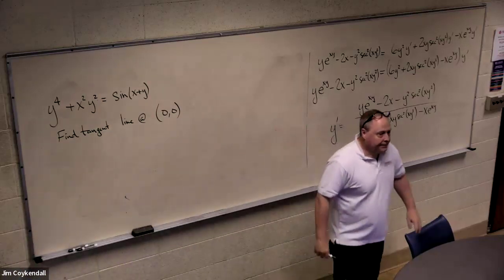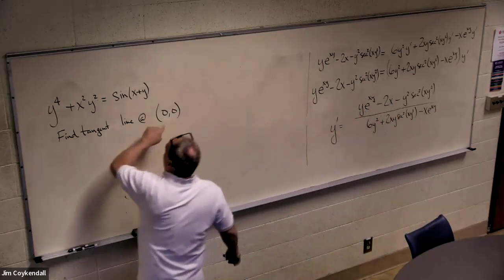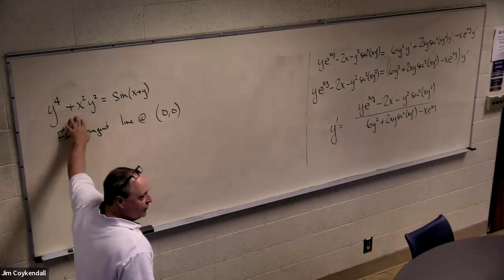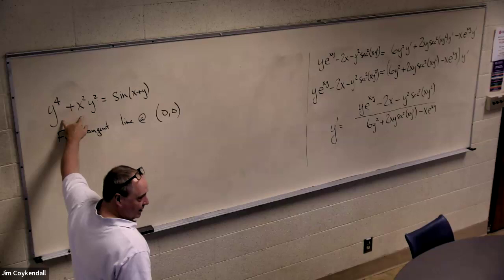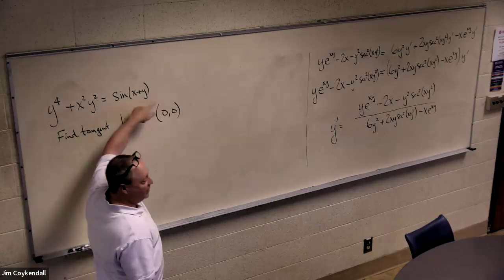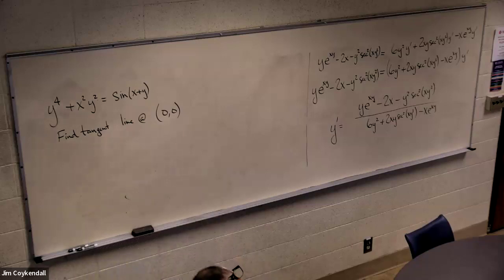By the way, how do I know that (0, 0) is even on this curve? Notice it balances. If x and y are 0, I get 0 on the left side. Agree? And on the other side, I get sine of 0, which is 0. See if you can find the tangent line to this curve that goes through the origin.